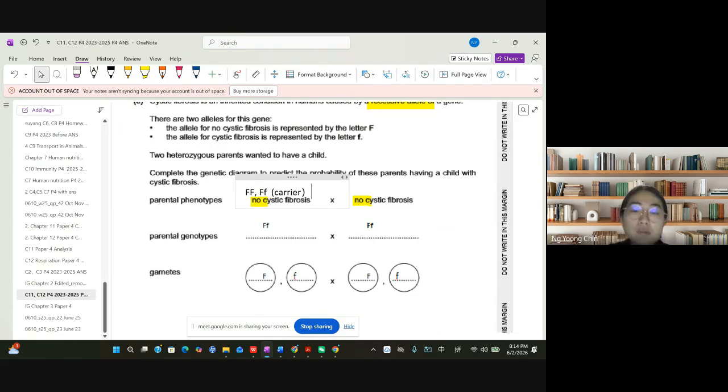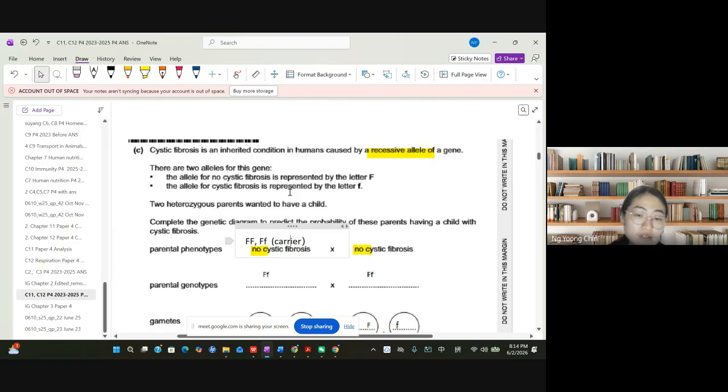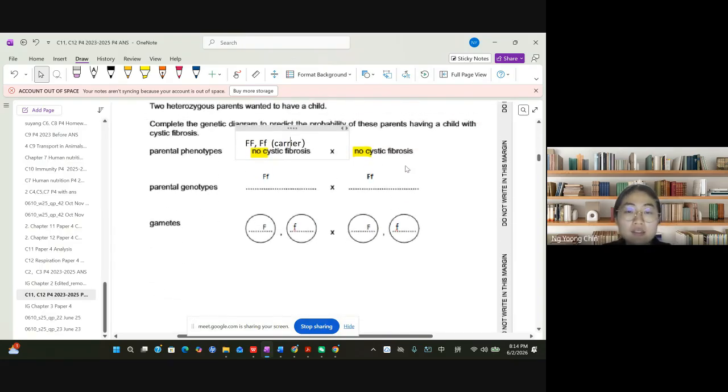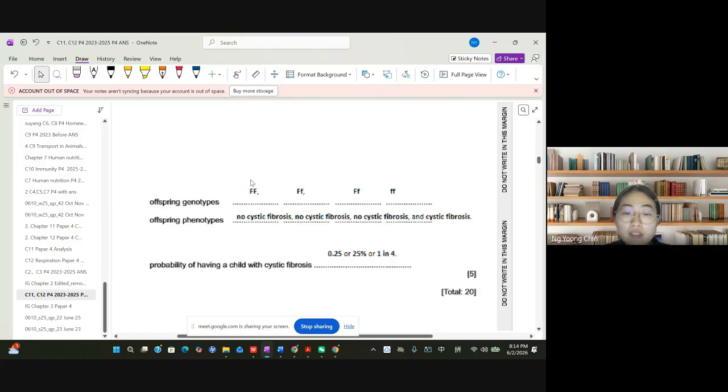So they might look normal and don't have much issue, but when they marry and have a child, they will transfer this defective gene to the next generations. So just draw a simple genetic diagram, and then you get the genotype, the phenotype, and the probability. Only this one has the issue.